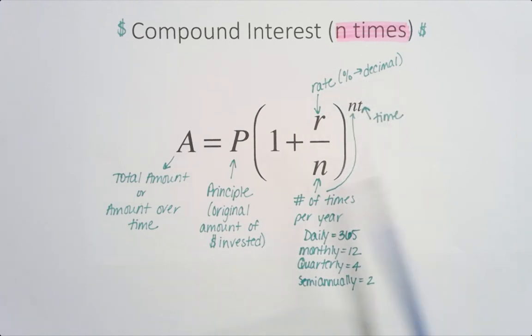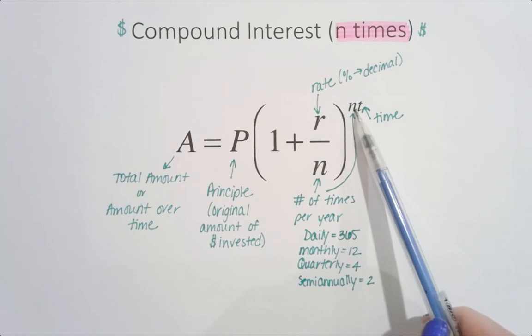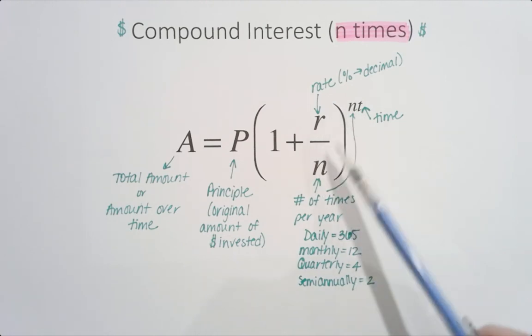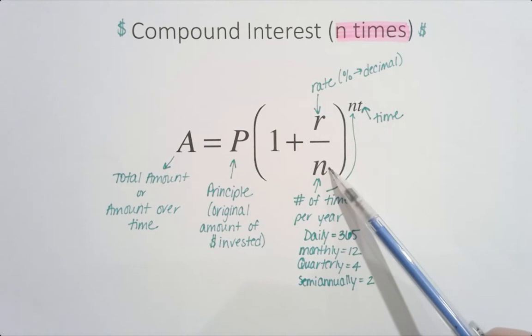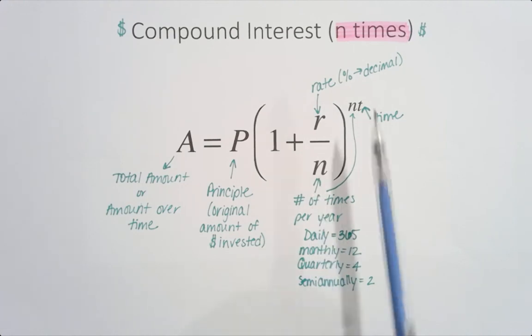You type in the decimal over n, and you're going to see this n pop up over here in the exponent again. These n's both mean the same thing. So yes, the same number gets plugged in twice to these 2 spots. It is the number of times per year that your interest is being compounded. So you're going to see things like daily. Well, we have 365 days in the year, so 365 is going to go in for that n.